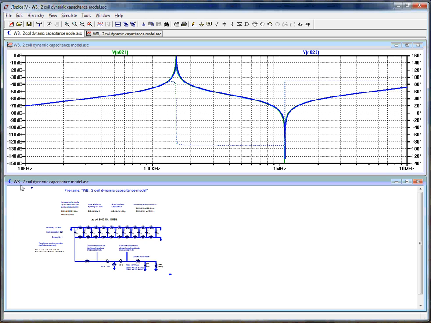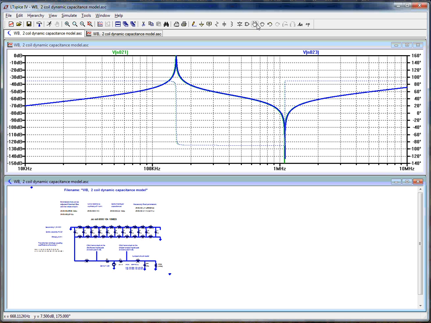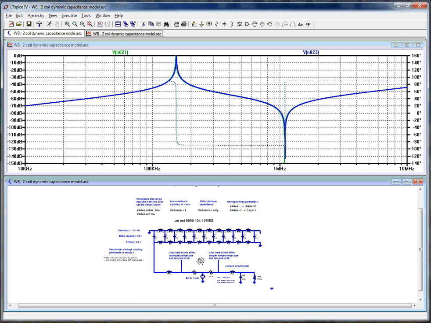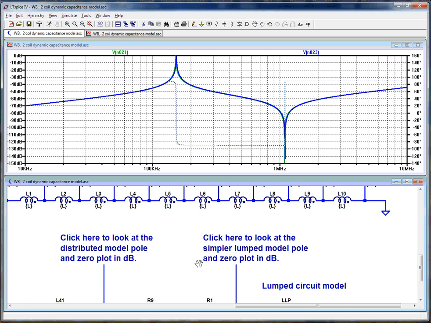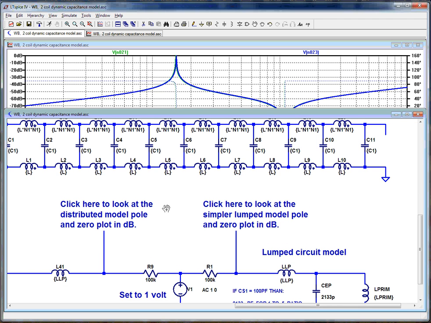I want to move this over a little bit, to about here. Bring it up again for you. Okay. Let's also move this up so we can see it better.